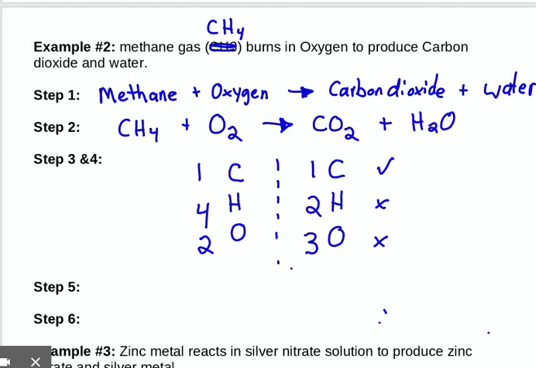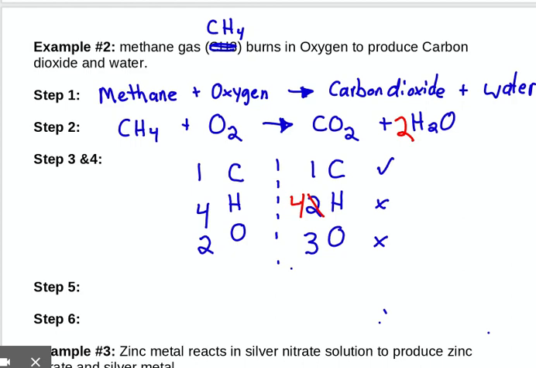I have 4 hydrogens on my reactants. And so in my products, I'm going to multiply my water right here. I'm going to put a 2 right here in front of the water because now I have 2 times 2 hydrogens. So now I have 4. But I also have changed my number of oxygens.